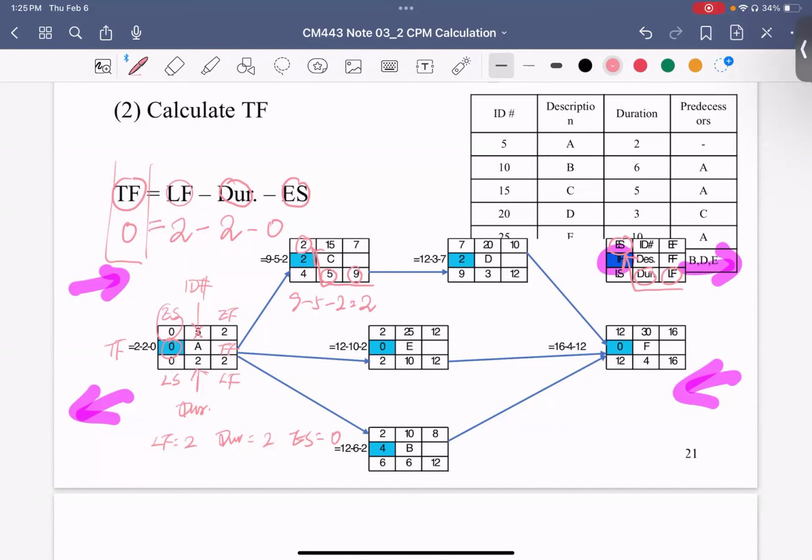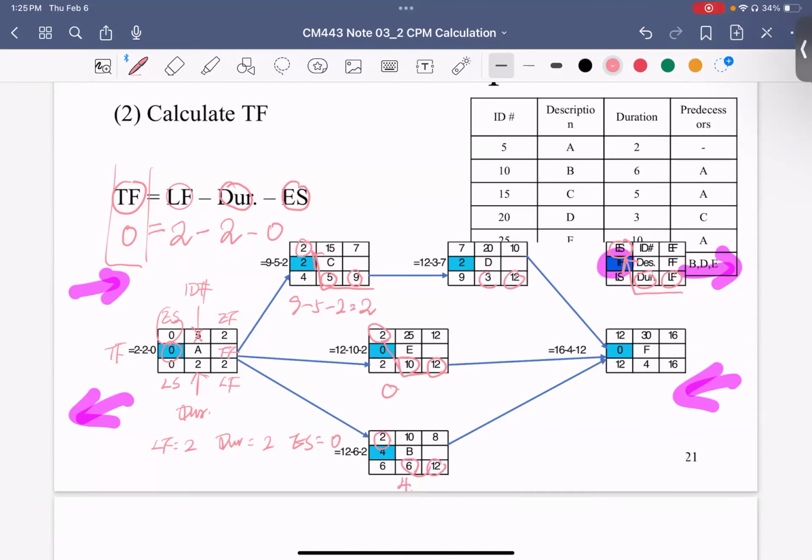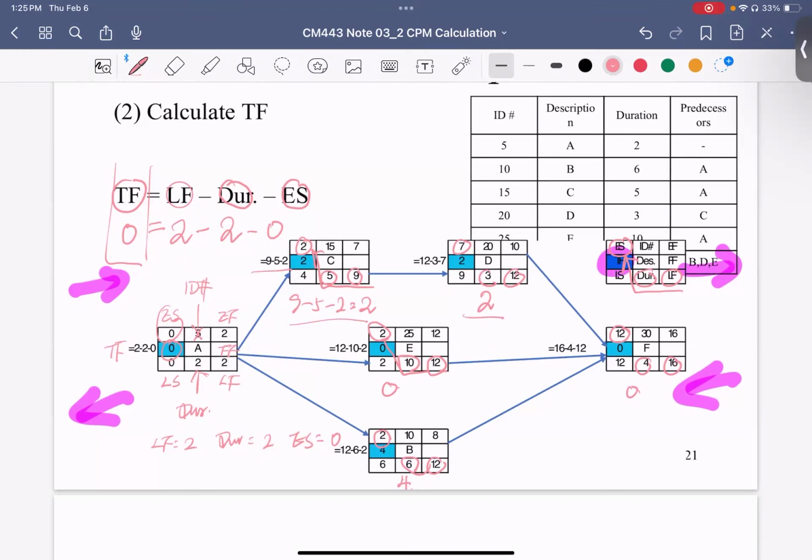Then for E, you have 12 minus 10 minus 2, you get 0. And 12 minus 6 minus 2, you get 4. And 12 minus 3 minus 7, you get 2. 16 minus 4 minus 12, you get 0. So this one is here, this one is here, this one is here. Any question for the total float? It's quite simple.